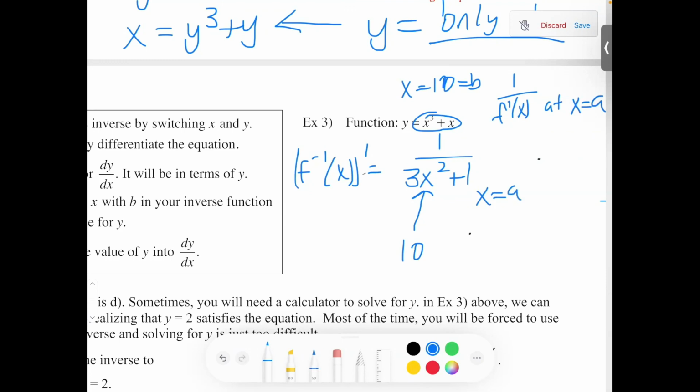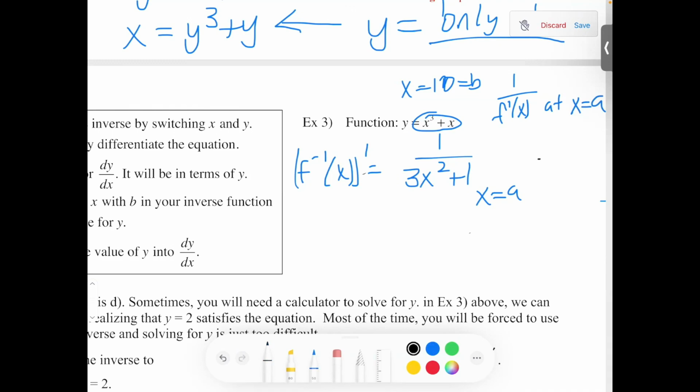And this 10 that they gave me is actually x equals b, this idea of a comma b. So for the inverse, they did give me the x value for the inverse, but that's actually the y value for the original function. So I need to solve this equation and figure out what a is, the same way we just did a second ago.